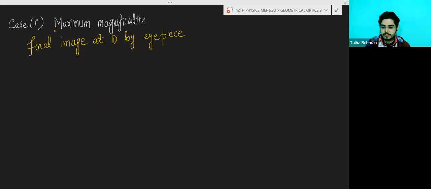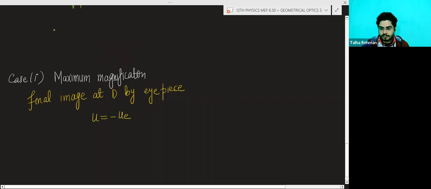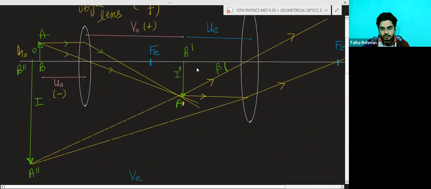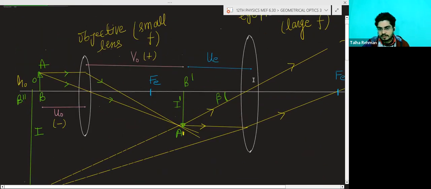So in this case, what will be the object distance for the eyepiece? Minus UE, because this is UE for the eyepiece.